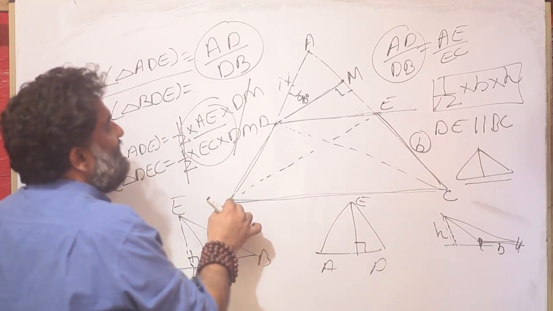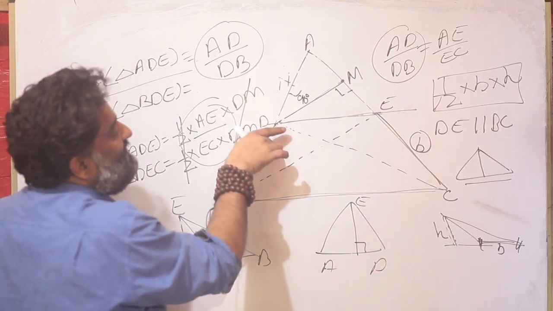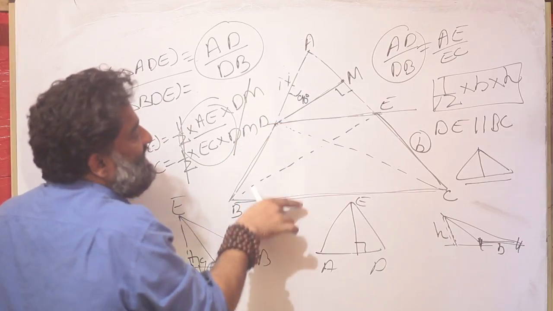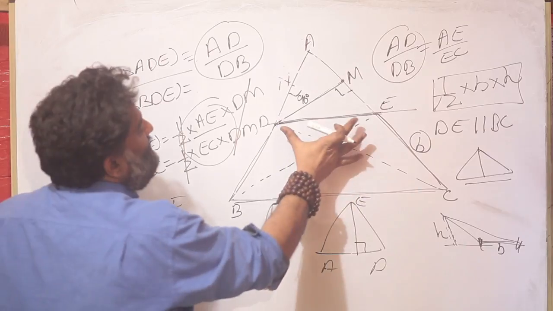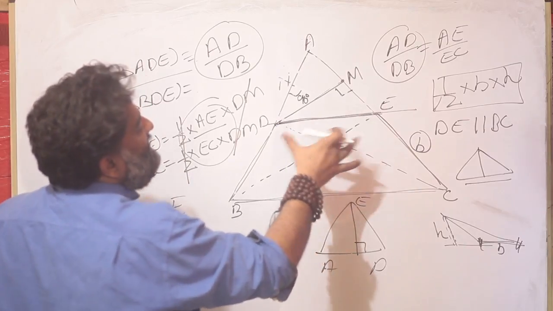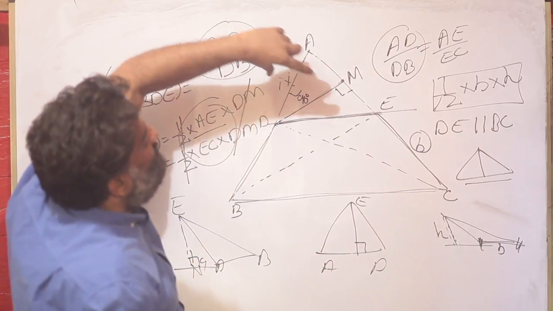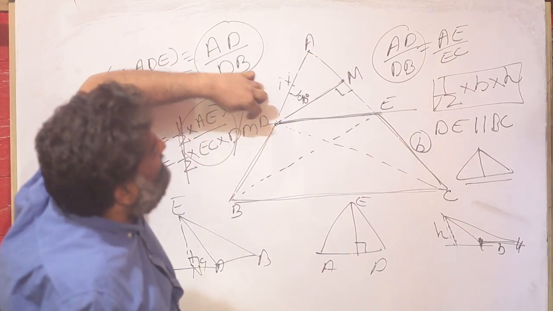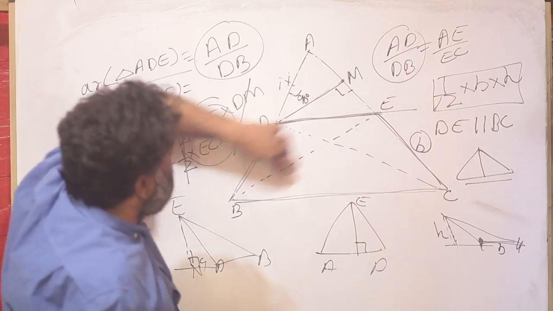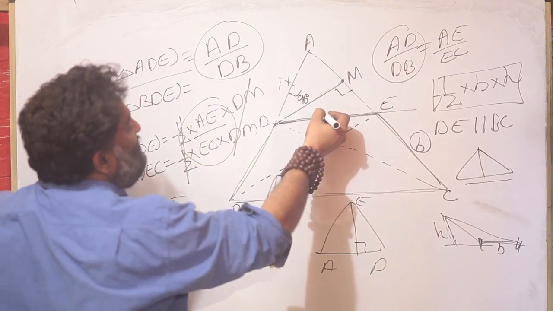Triangle DEC and triangle BED, both of them are between the lines DE and BC. That means they are between the same parallel lines. And if you think about it, for both of them, this DE is the base or the common base. Just change your orientation again. Think of this as the base. DEC is one triangle, and think of this as the base. DEB is another triangle. So this is the common base.